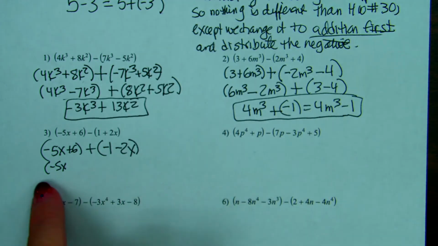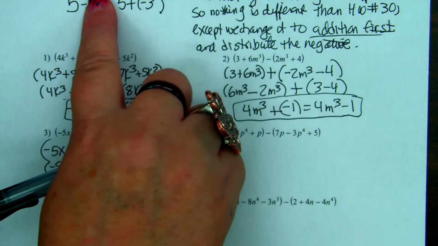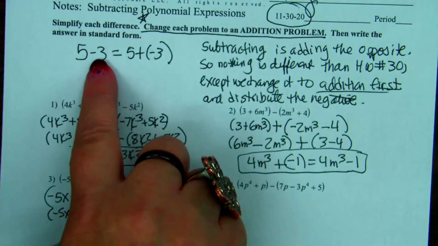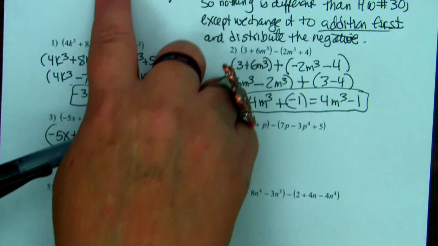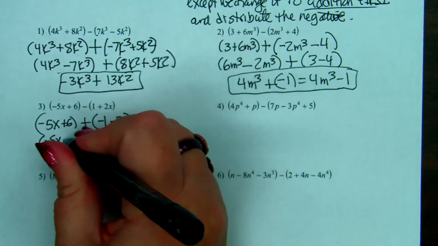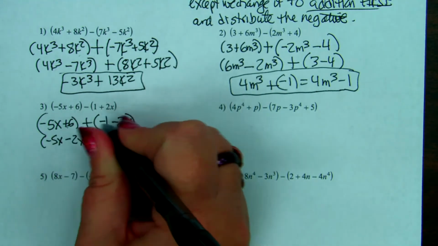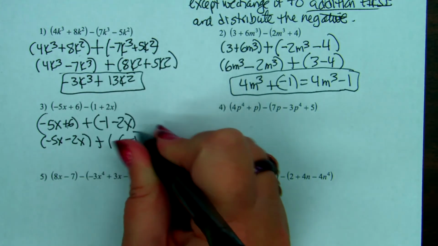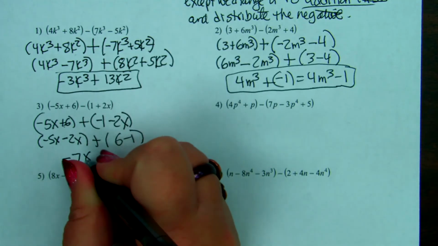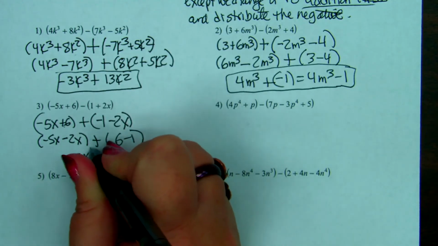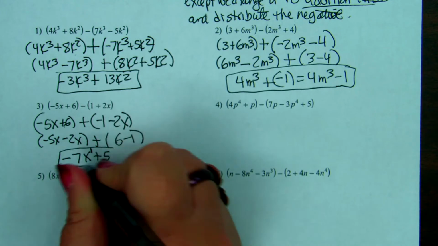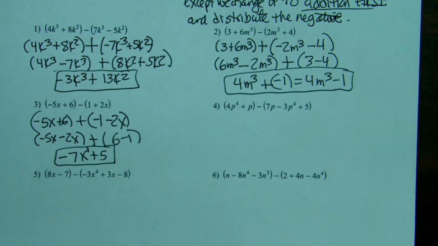We're writing them in standard form so that the exponents are in descending order. Minus 2x plus 6 minus 1. So we get negative 7x plus 5. This is a 1 and this is a 0, degree 0. So it's in standard form.